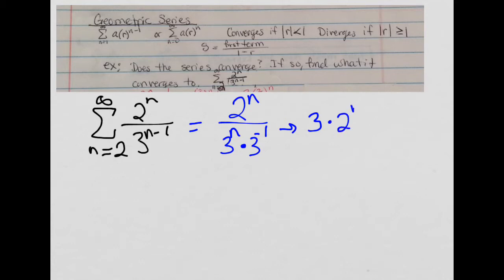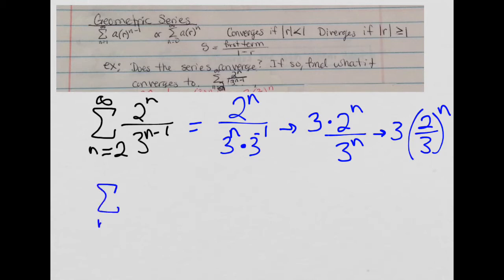Then we'll have times 2 to the n over 3 to the n, which we can rewrite as 2/3 to the n power, since the 2 is to the n here and the 3 is to the n here. So we now have the sequence written as 3 times 2/3 to the n.